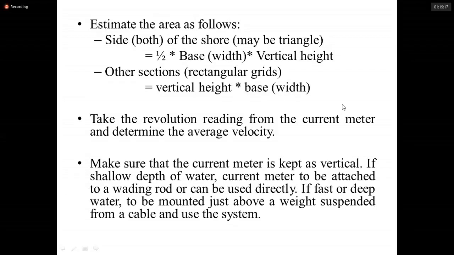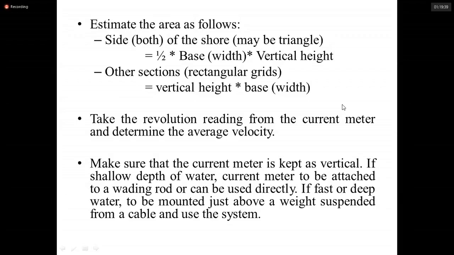The revolutions per second are displayed there. There is already a standard equation, so you can directly use that revolution number and get the velocity value. This is how the current meter works.